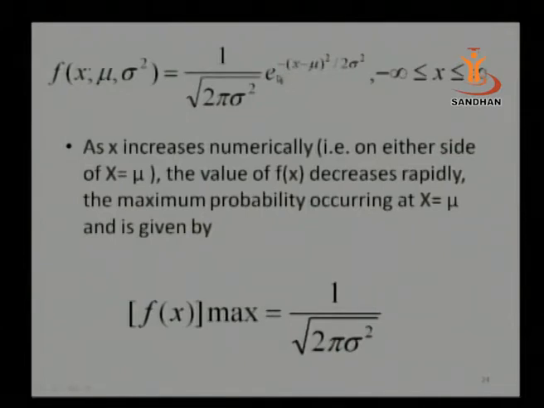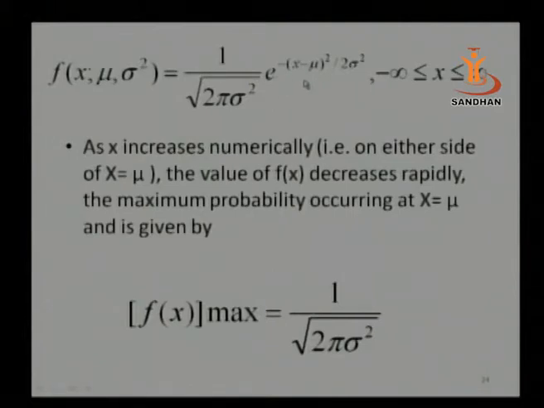So e raised to 0 will be 1, but when is that going to happen? If we take x equal to mu, then we have e raised to minus (x minus mu) whole square divided by 2 sigma square, which is going to be 0, meaning the power of the exponent is going to be 0.